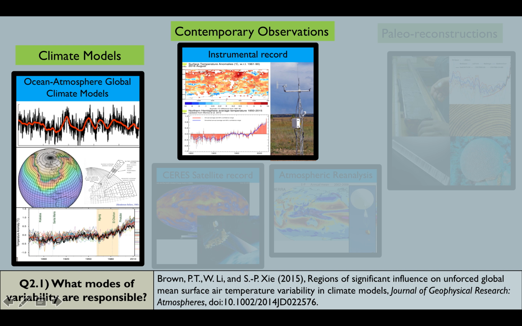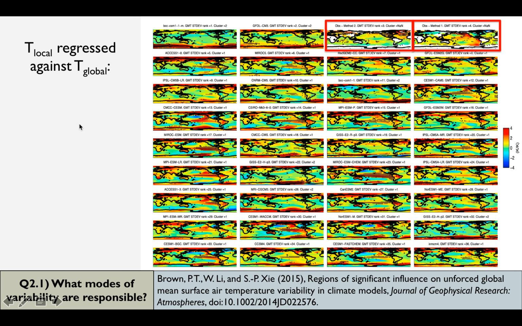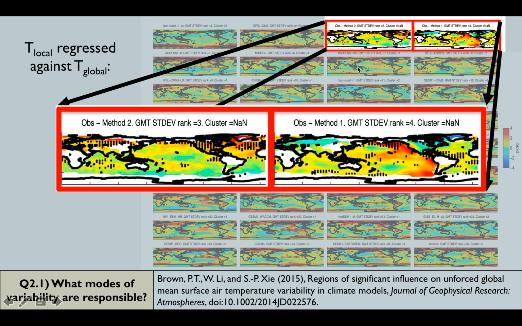So in this paper that I mentioned before from 2015, we looked at the regions that were most responsible for driving global temperature variability in both models and observations. And so here are maps of local temperature regressed against global mean temperature for climate models, and then observations in the red boxes here. First I'll zoom in on observations.